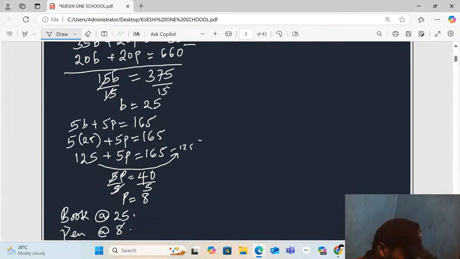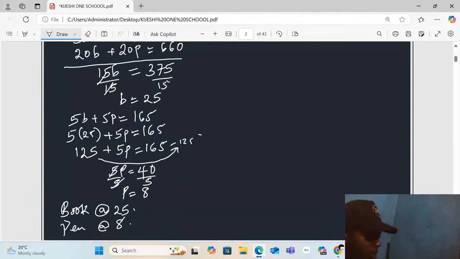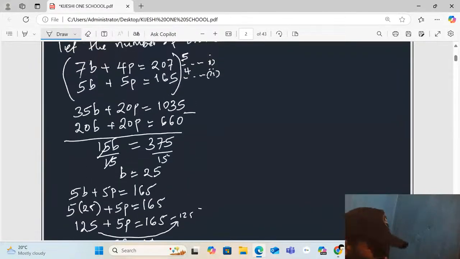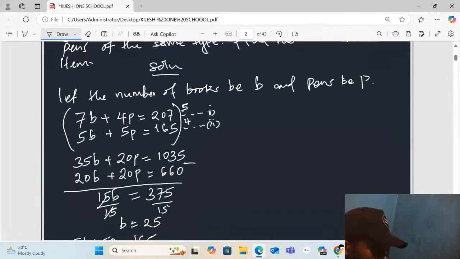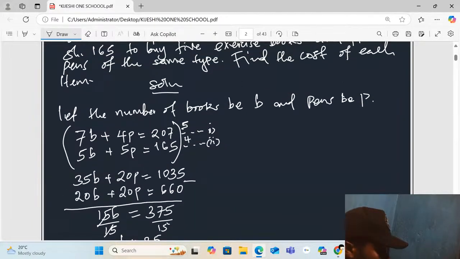So that is it. That is how we solve word problems using simultaneous equations. We can still use substitution, and we arrive at the same answer as we did with elimination.